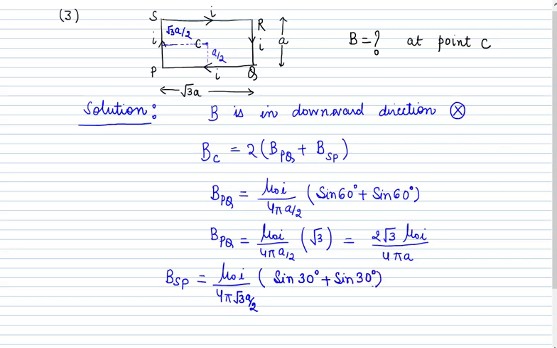Again using the Biot-Savart's law. So if we put the value, then this is equal to mu naught I upon 4 pi root 3a, and 2 will be here, and sine 30 degree is 1 by 2, so 1 by 2 plus 1 by 2, if you do, it will become 1.